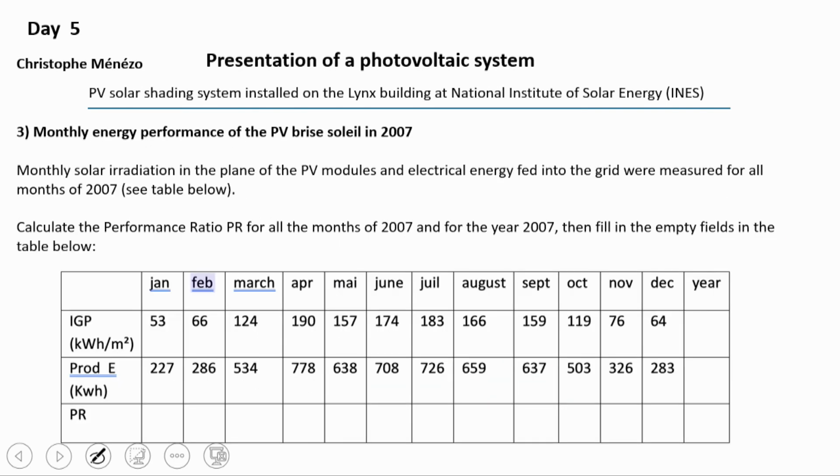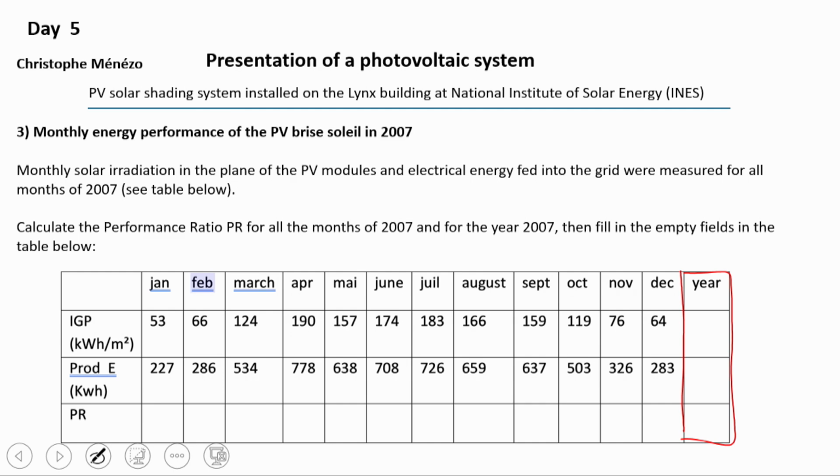So now we have this per month, so it's more what we used to exploit till now. So January, February, March, and this is a year scale. We noticed that the electrical production in January was 227.